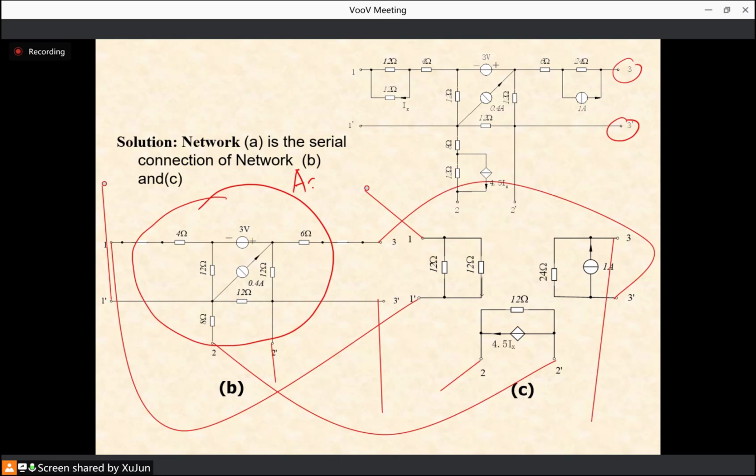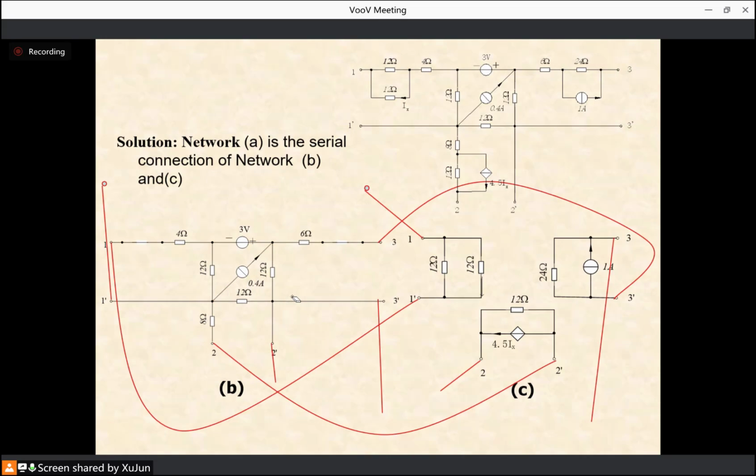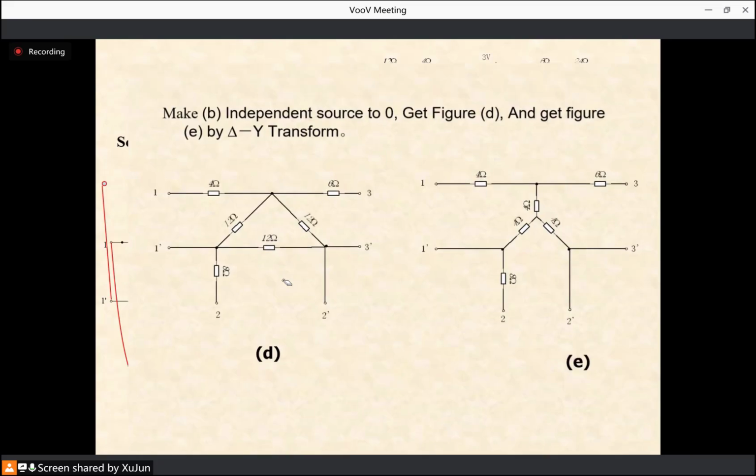This is the active network. At first, we assume it's passive. Assume it's passive means there's no source inside. No source, so this point will be short connected and this will be open. It will be like this.